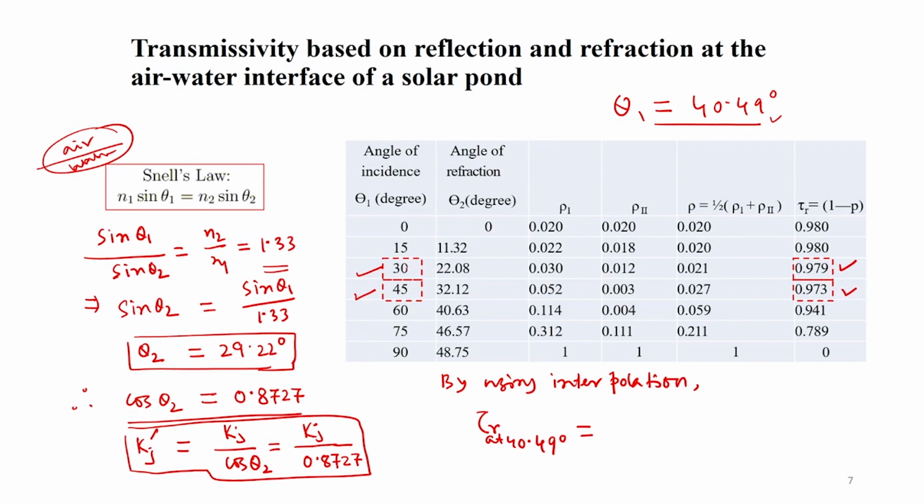From 30 to 45 it is decreasing, so we have to use a negative sign: minus, then 0.979 minus 0.973, divided by 45 minus 30, multiplied by 40.49 minus 30.